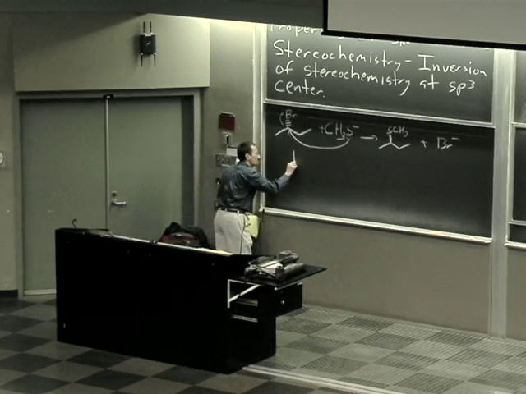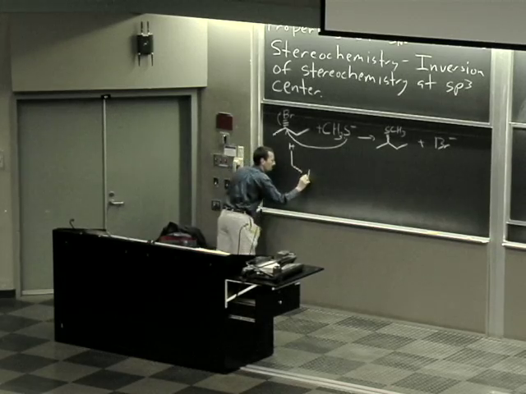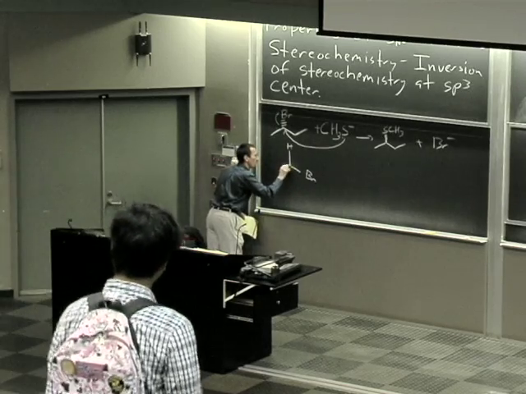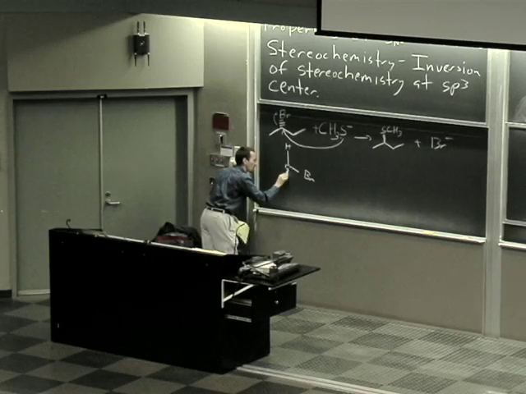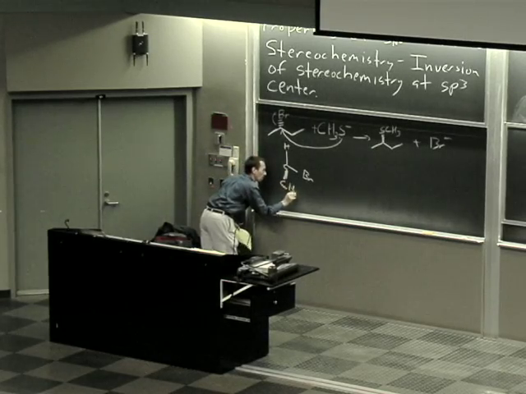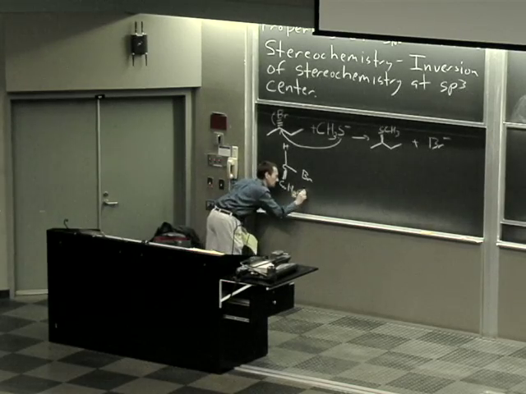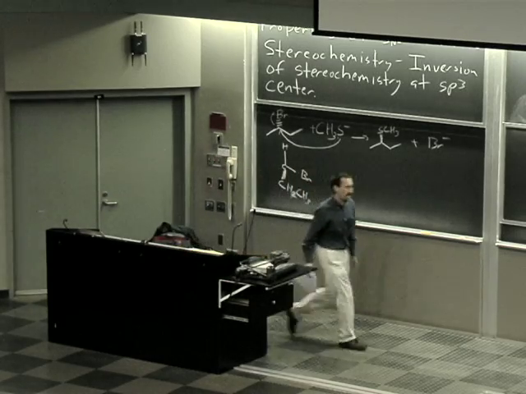So I'm going to draw this sort of side on, where here's the bromine, here's the carbon that's being attacked. Maybe I'll draw in the carbon explicitly. And I've just rotated the molecule around so that here's our ethyl group, CH2CH3, coming out of the blackboard. Let me tidy that up.